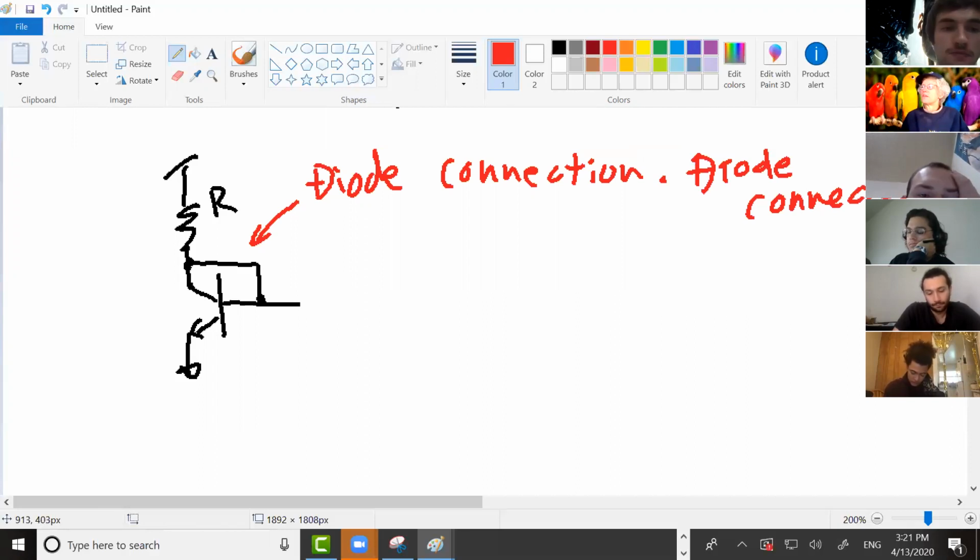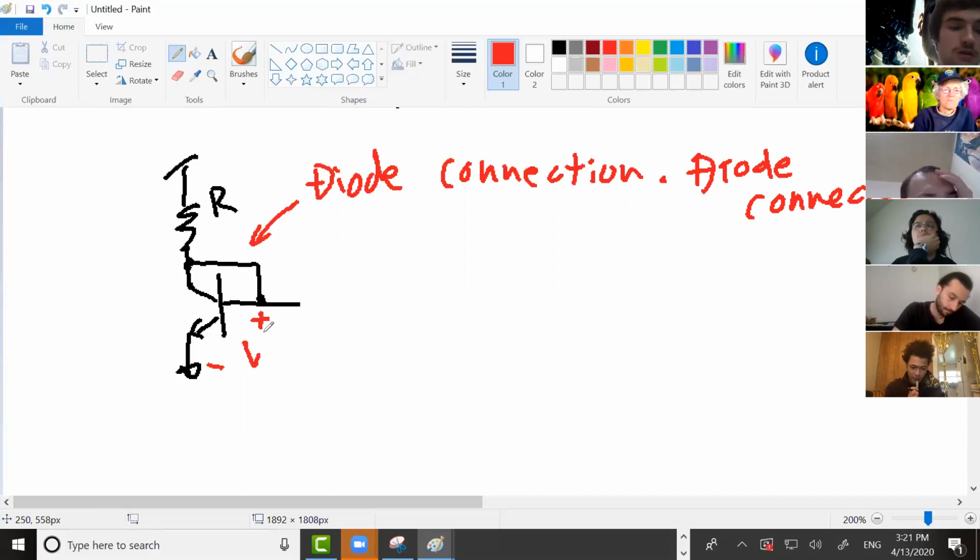Next question: if there's current going through this circuit, we don't know what it does yet. What region of operation is it in? Is it inactive, forward active? This voltage right here, approximately, what is this voltage?